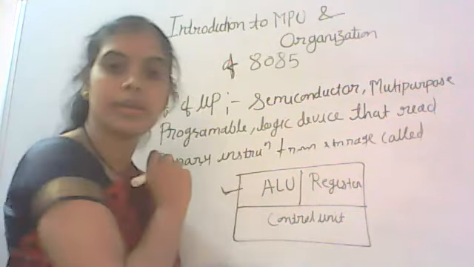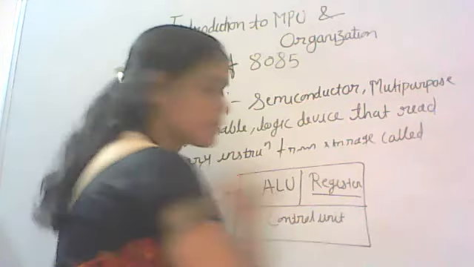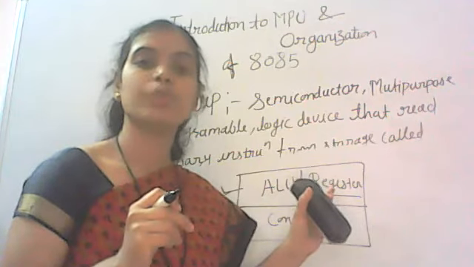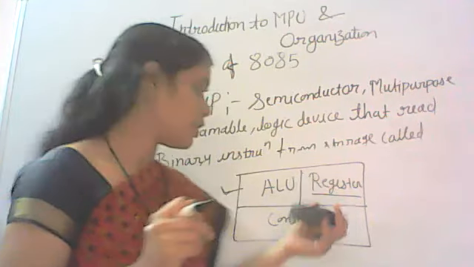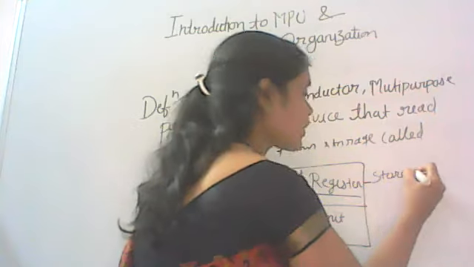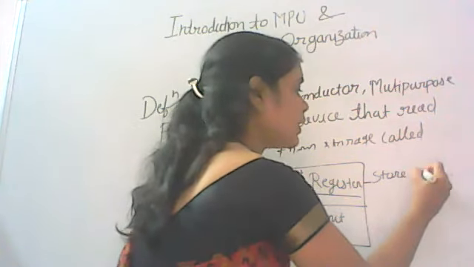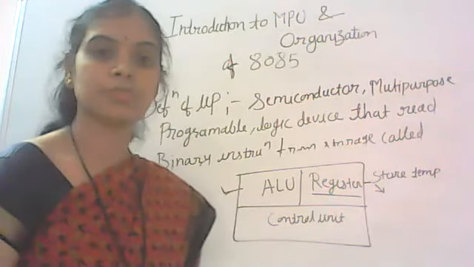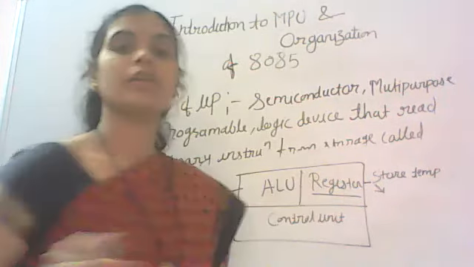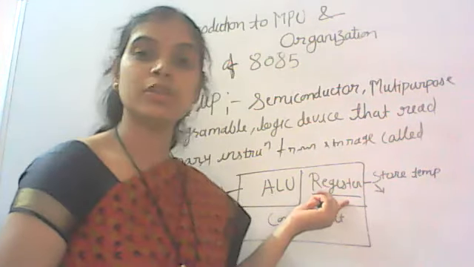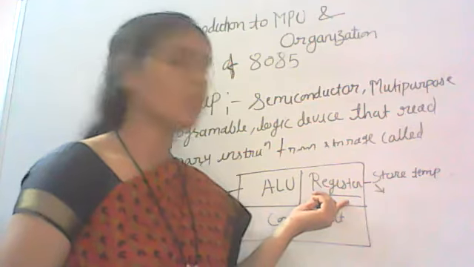Whereas the register is primarily used for storing data. These registers are used to store temporary data at the time of execution of a program.